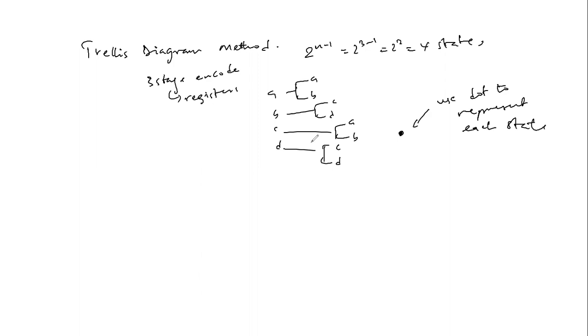So now, I want to design the state diagram. We have states A, B, C, D. We use dots to represent the states, and some of these dots repeat, depending on the length of the sequence we wish to decode.